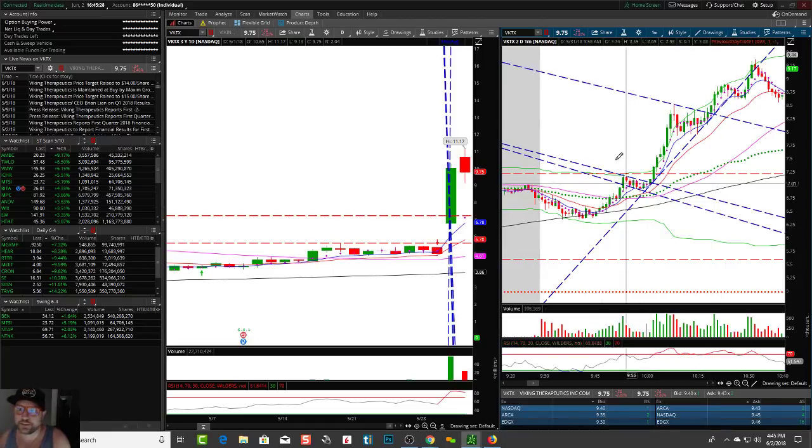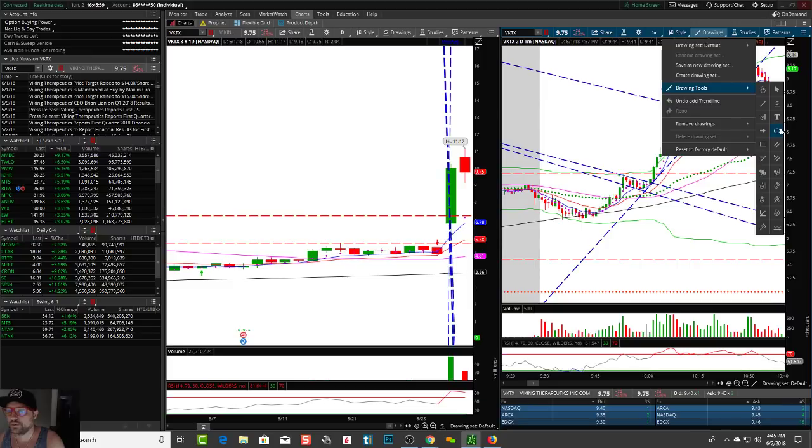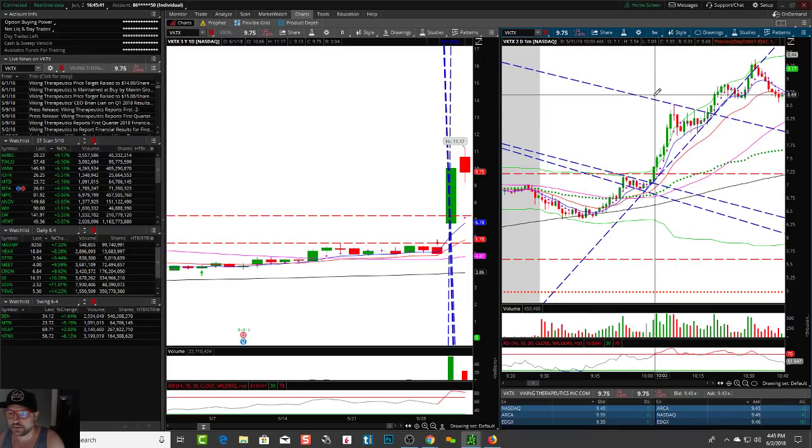So this is why we tell people it's so important to get the proper entries. Dan stresses it all the time. Buy as close to the 9 as possible. But if you're a newbie, you don't ever buy out in these areas. You don't buy out in these areas. You don't buy out in these areas, right? This is buying at resistance, not at support, right?